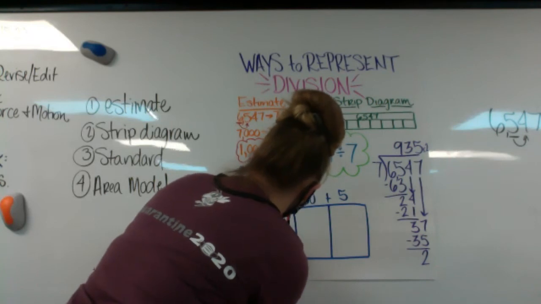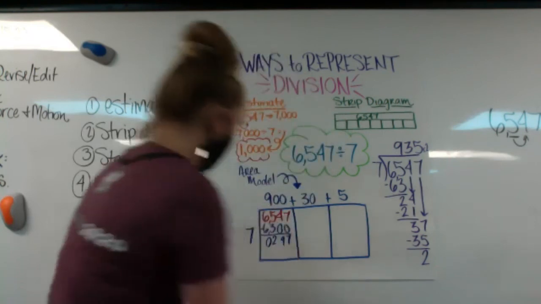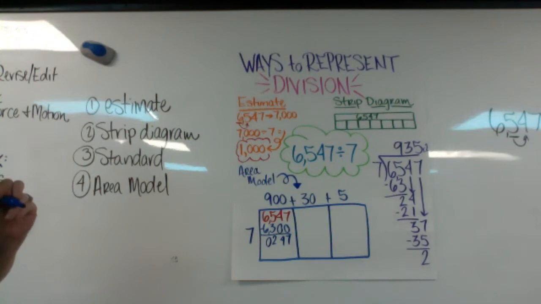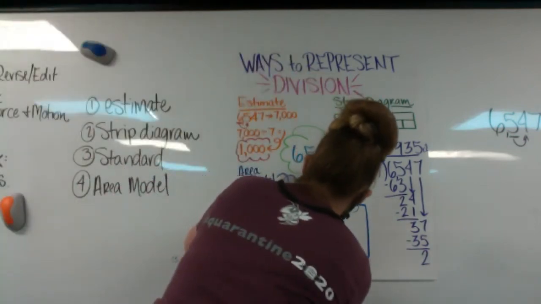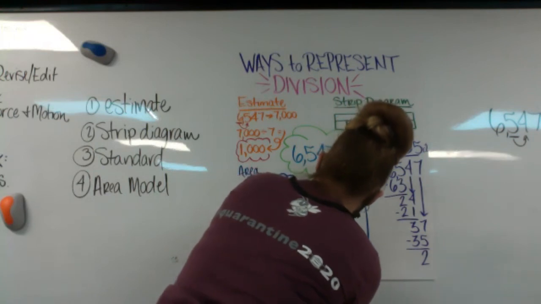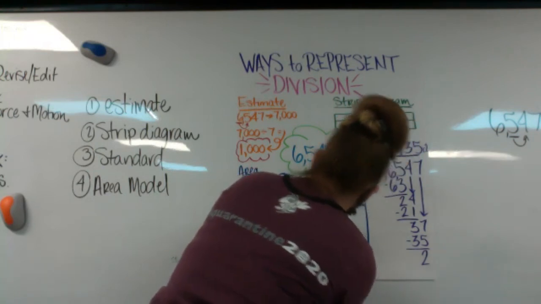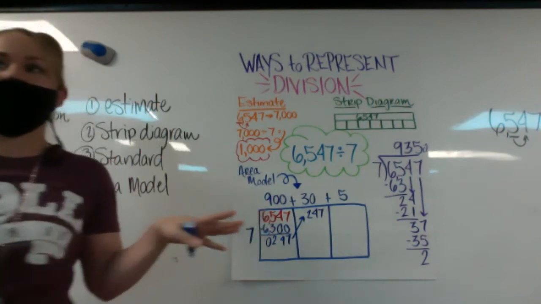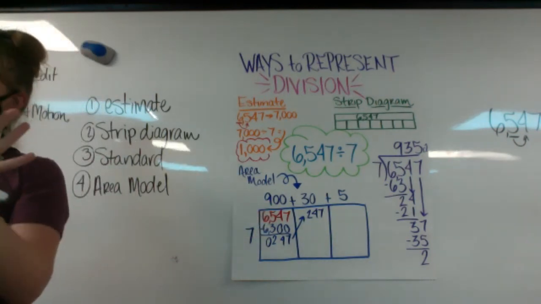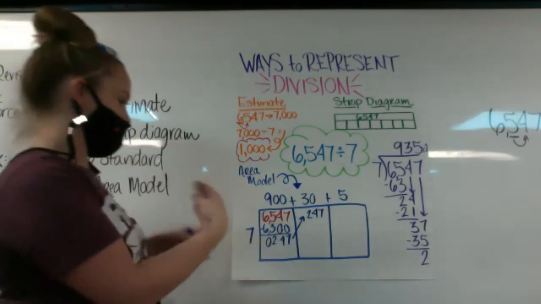And 6 minus 6 is 0. So I end up with 247. And then they would just bring that up here with a little arrow. It's like instead of partial products, we're getting partial quotients. So it's kind of opposite.